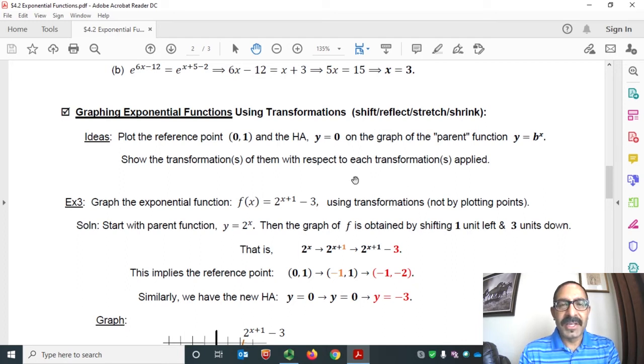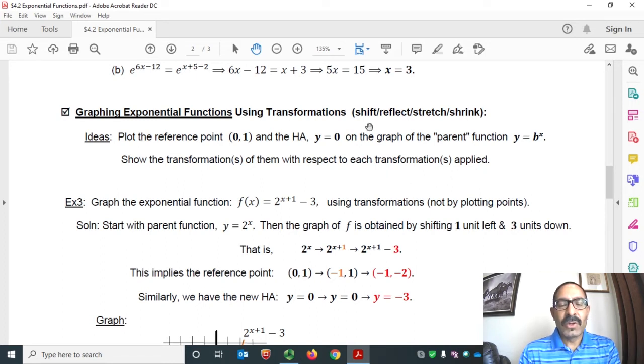First, some ideas. First, plot the reference point (0, 1). That's the point on the y-axis, and the HA, the horizontal asymptote of the exponential function, is simply the x-axis, which means y equals 0. On the graph of the parent function, the exponential function, show the transformations of them with respect to each transformation applied.